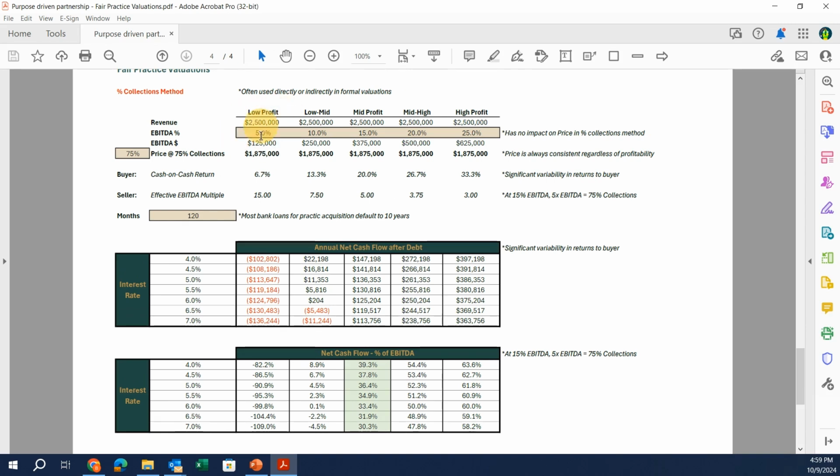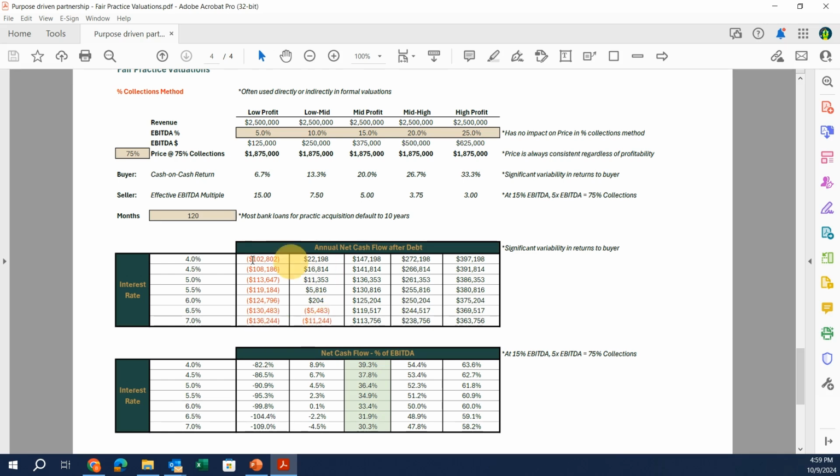Now, this is probably an extreme scenario, but it demonstrates some of the potential inequities and watch-outs in the percentage of collections method. In this case, with this low profitability practice that's based on percentage of collections, the buyer could easily have negative to very little net cash flow.